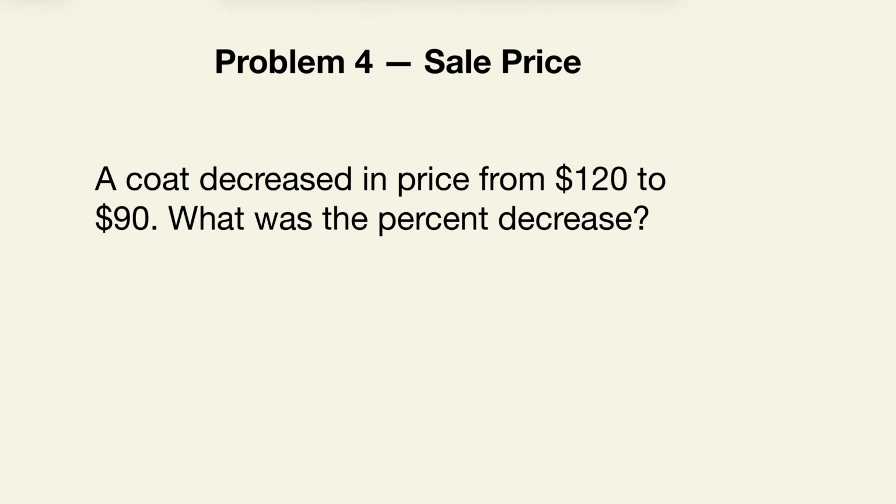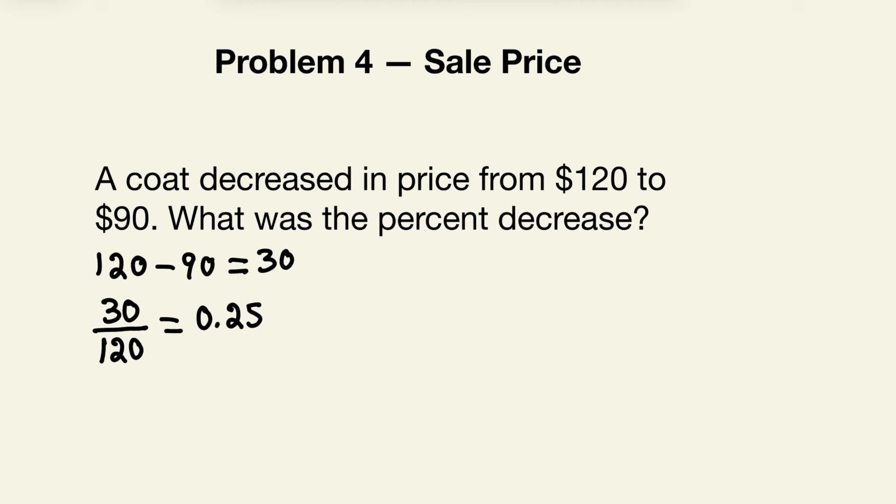So 120 minus 90 equals 30. For step 2, we're going to take 30, which is that change in price, and divide it by the original amount of $120. So we'll take 30 divided by 120, and that equals 0.25.